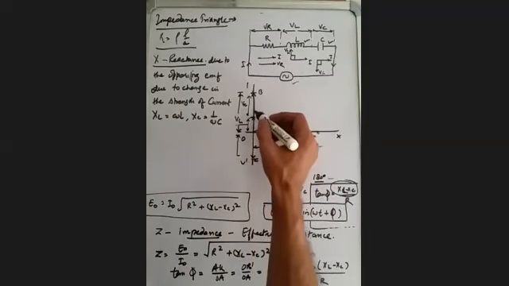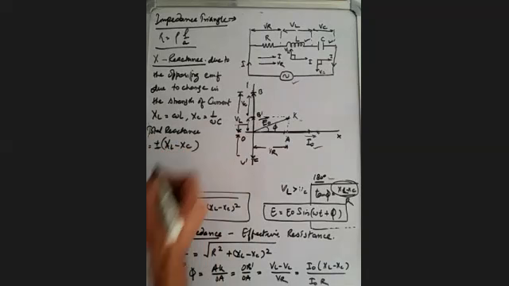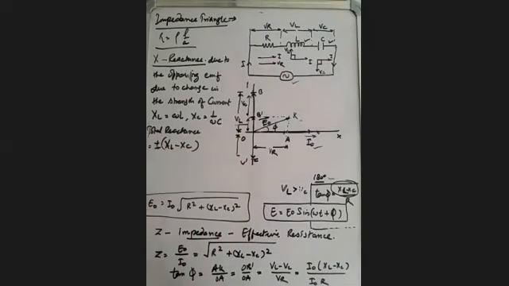The total reactance is given by XL minus XC, and we can place plus minus in front because any of these two values can be more than the other. So XL can be more than XC or XC can be more than XL. Depending on that, the value of XL minus XC will be either positive or negative.